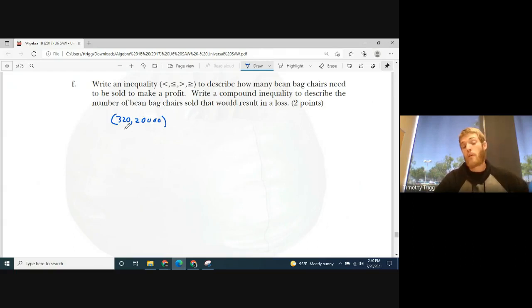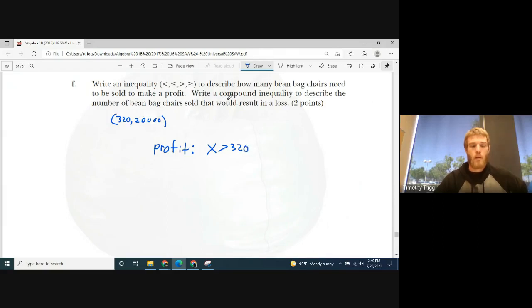But if you sell more than 320, then you start to gain a profit. So, for a profit, the number of beanbag chairs we need to sell needs to be greater than 320.